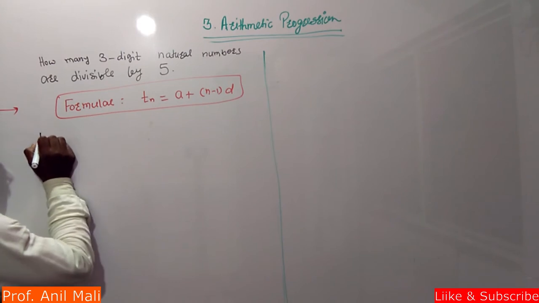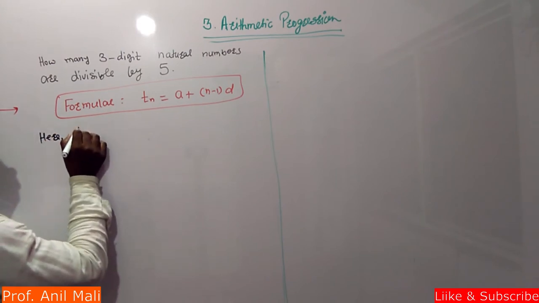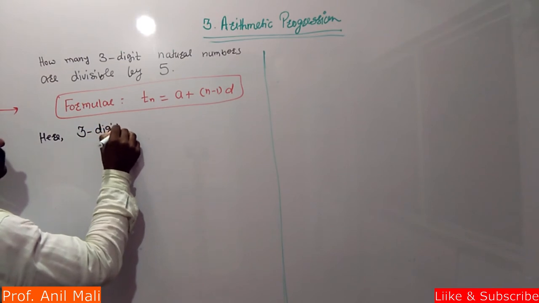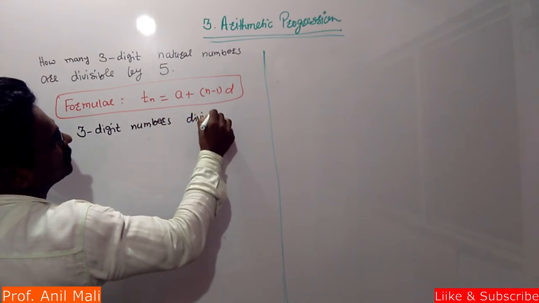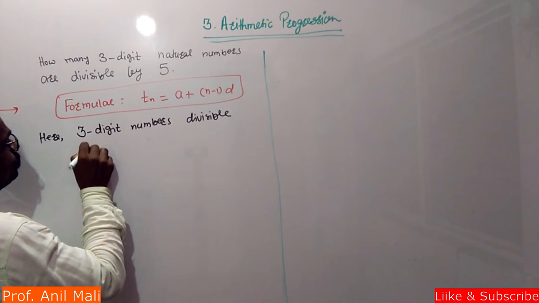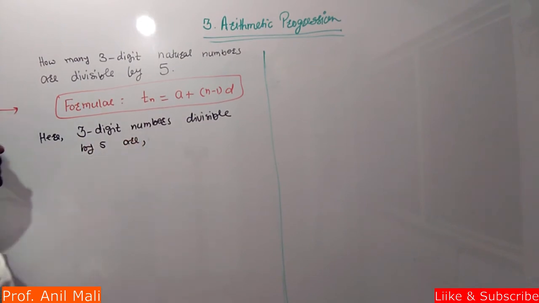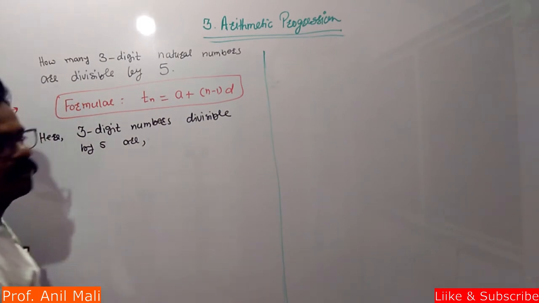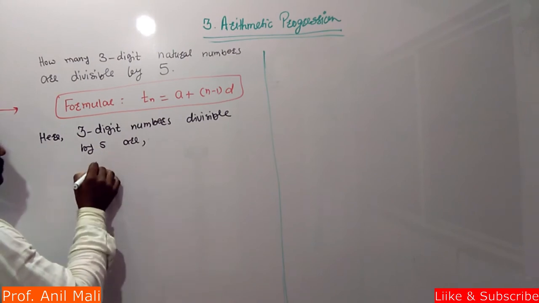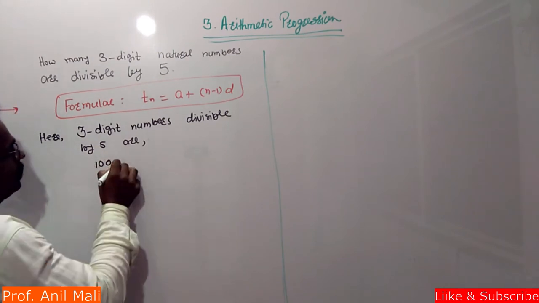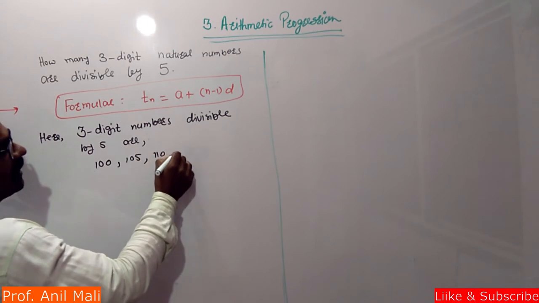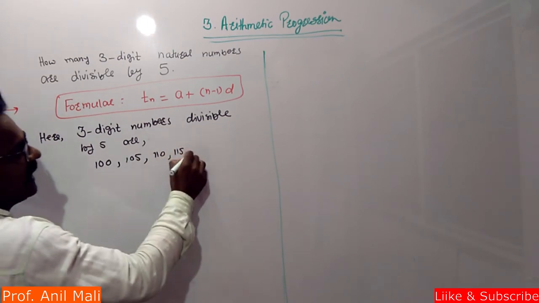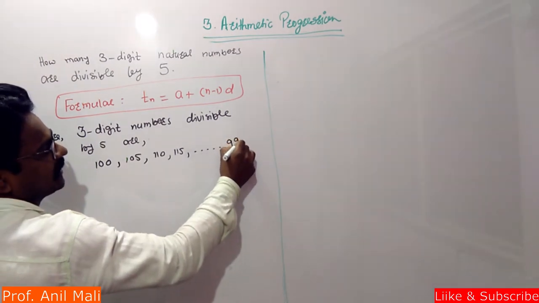Okay, here the 3-digit numbers divisible by 5 are, which are the numbers divisible by 5? 100 is the first one, 105 is the next one, 110 is the next one, 115 is the next one, and so on up to 995.